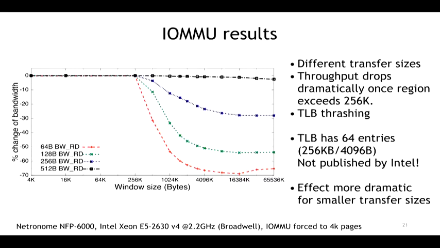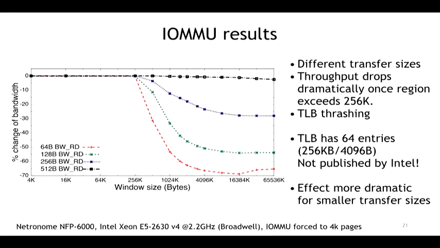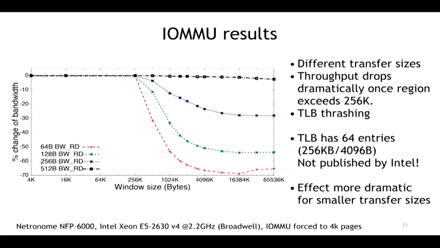And you can see that the throughput can drop by up to 70% once you go beyond the size of the TLB and you start having to do page table walks for every DMA. You see that your performance drops by over 70%, right? And the impact is less pronounced for larger DMAs, but even for 128 bytes or 256 bytes, it's still like a 30% drop in performance.